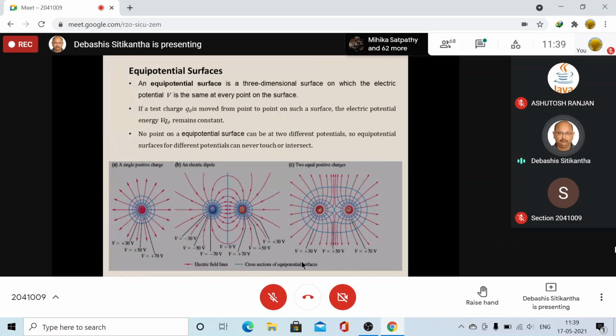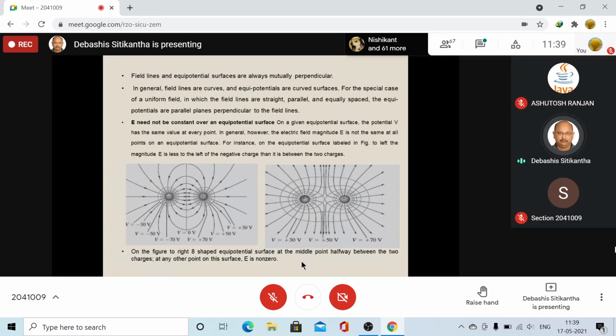Rather, it is a 3-dimensional, or rather an imaginary, surface on which every point has the same electric potential. The most important thing about equipotential surfaces is that no two equipotential surfaces having different potentials can intersect each other.